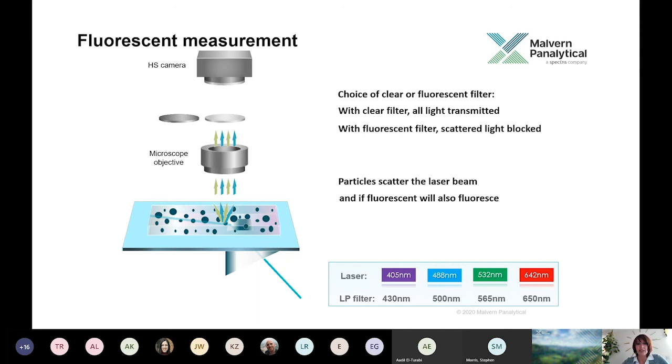However, if you want to look specifically at the mixture of particles or the population of particles that were targeted with a specific fluorophore, you can apply the fluorescence filter, and what will happen is the laser light scatter will be blocked, and the only signal that will come through and be collected by the system will be a fluorescence signal.